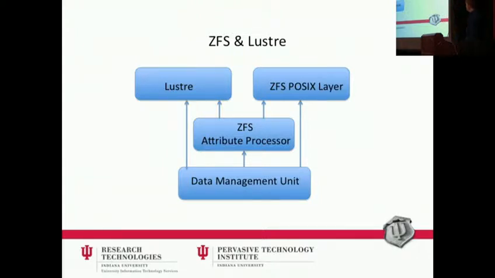The two most important ones that we had to work with were first the data management unit, which is essentially an object store. And then above that is the ZFS attribute processor, commonly referred to as ZAP. That's essentially a key value store that's used to store directory lookups.